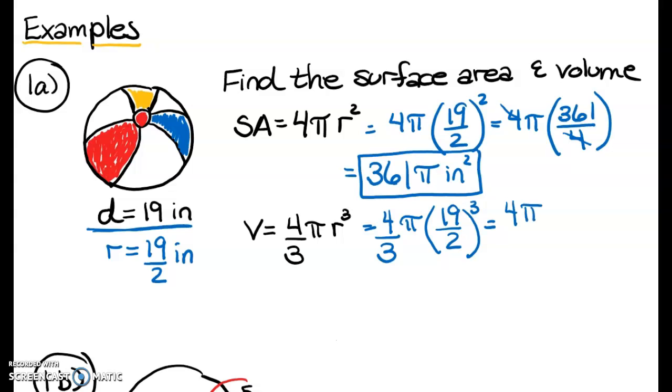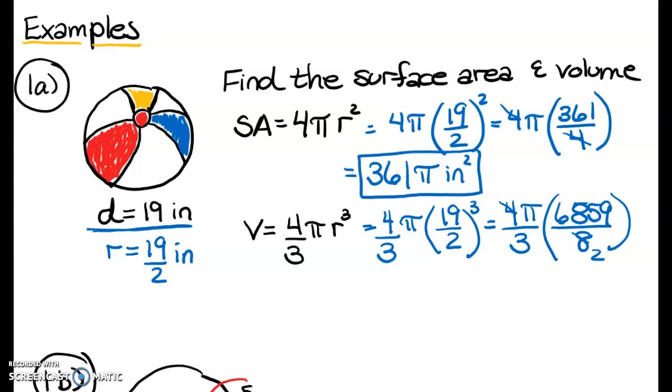So I have 4 pi over 3 times, when I cube 19, I get 6,859. And when I cube 2, I get 8. And this is what's really nice. The 4 and the 8 reduce. And then let's see, if I add up my digits, I get 14, 19, 28.